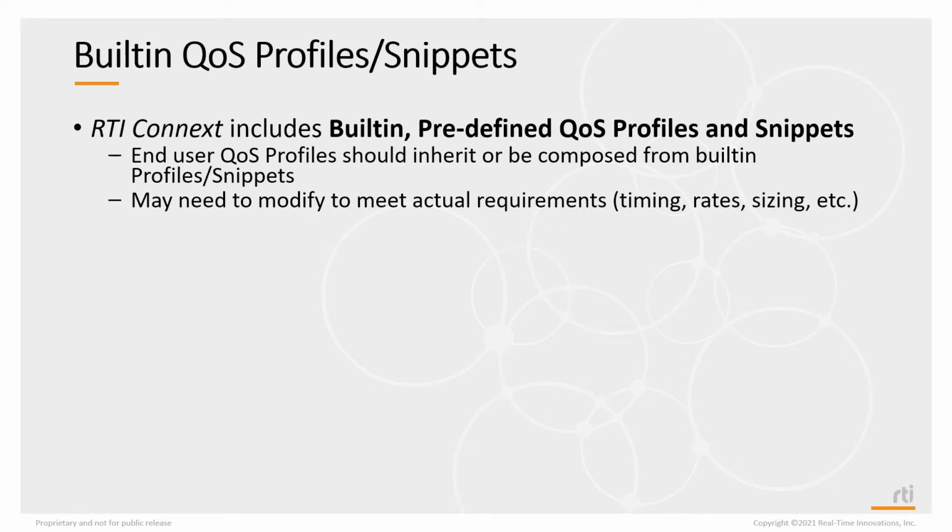So end user QoS profiles will start from a built-in QoS profile or be composed from built-in QoS snippets, and then be further modified to address the actual requirements if required.